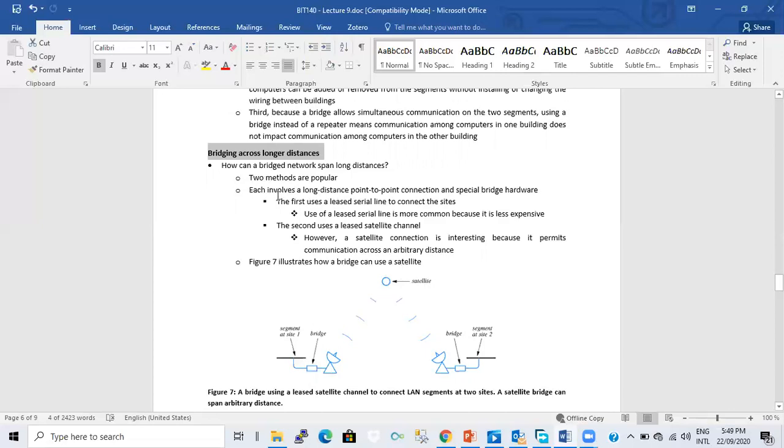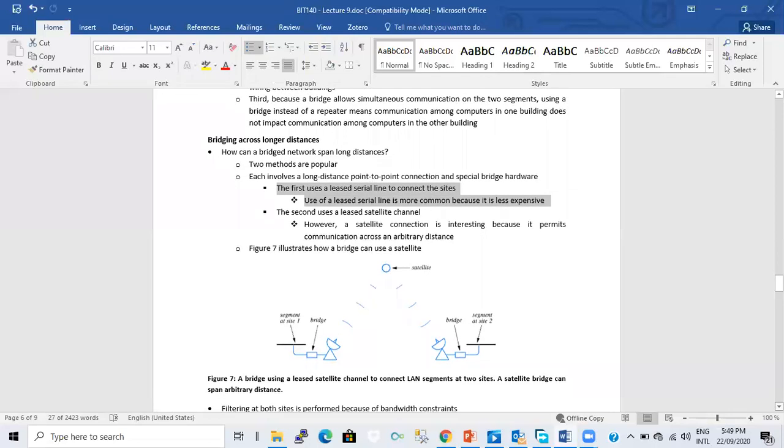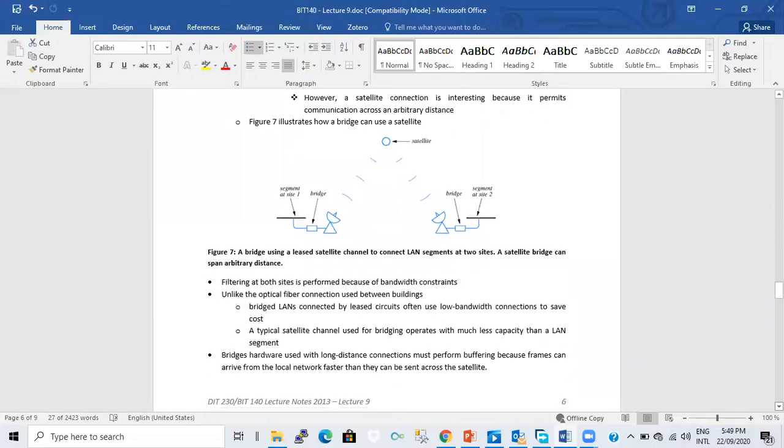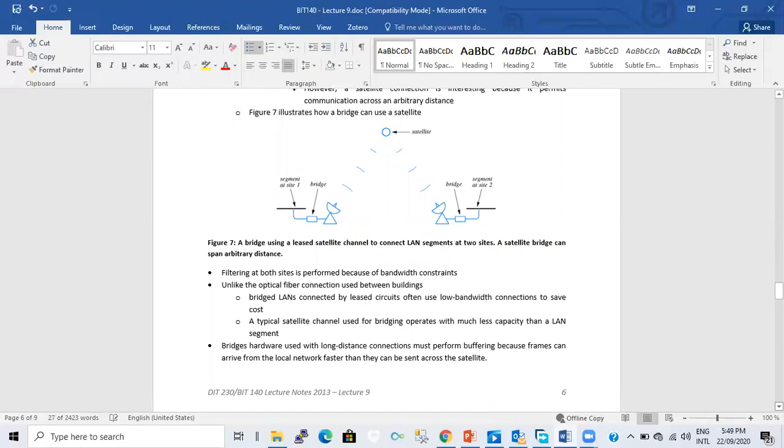But the first option, where you use a leased line, let's say Zamtel has a line, you use that line. That one is more viable, and that's what most companies are doing in Zambia. But when we talk of satellites, we've looked at how expensive they are, so that won't be a good idea, if I may say.